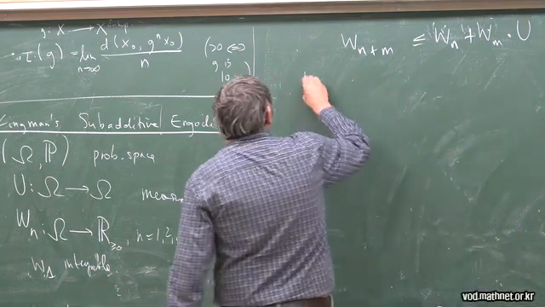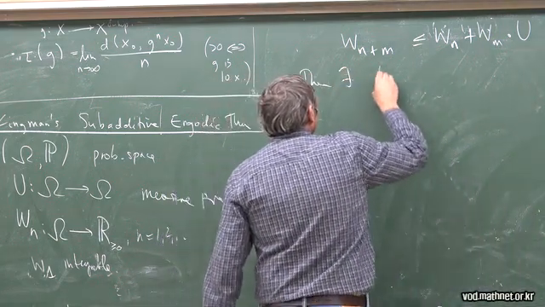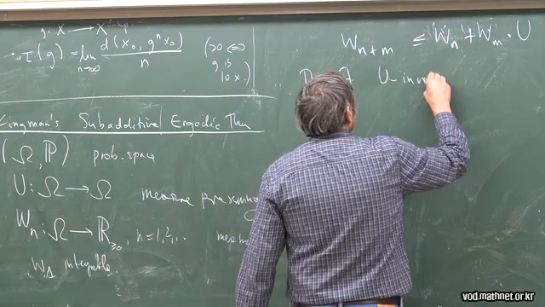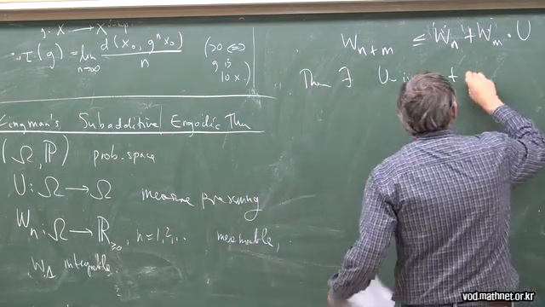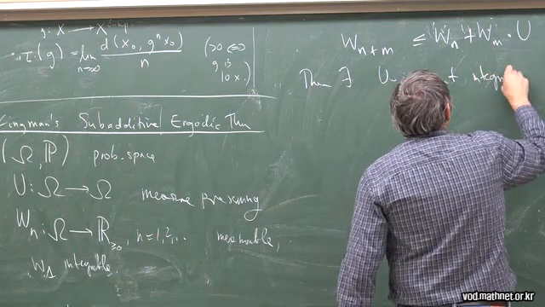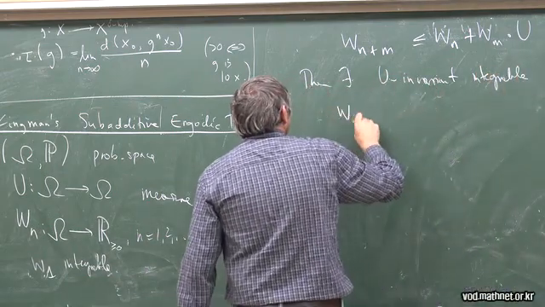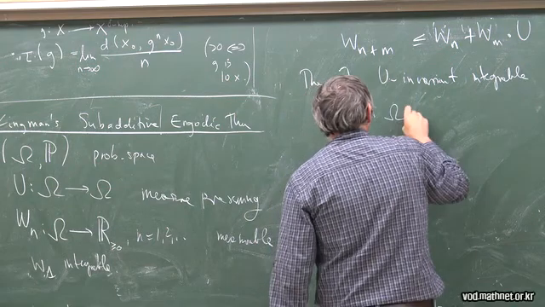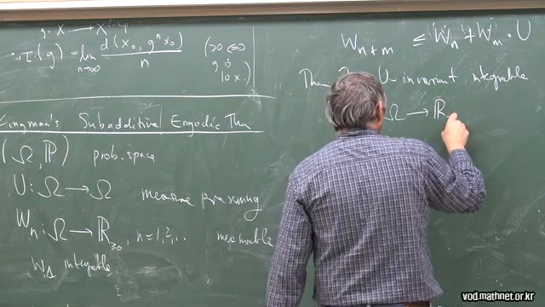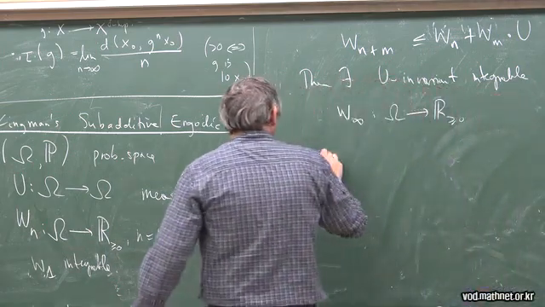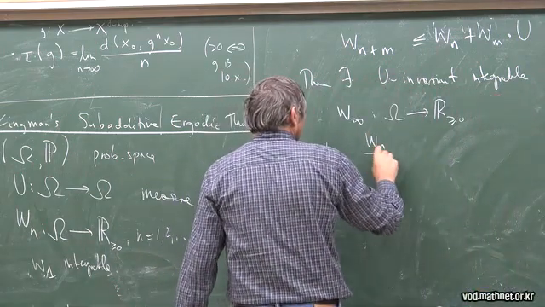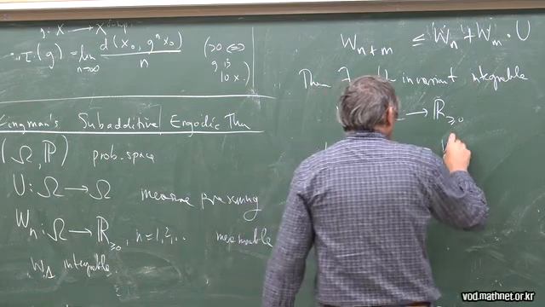Okay, then there exists a u-invariant integrable function, W_infinity, going from Omega to R plus, so that if you take W_n over n, this converges to W_infinity.